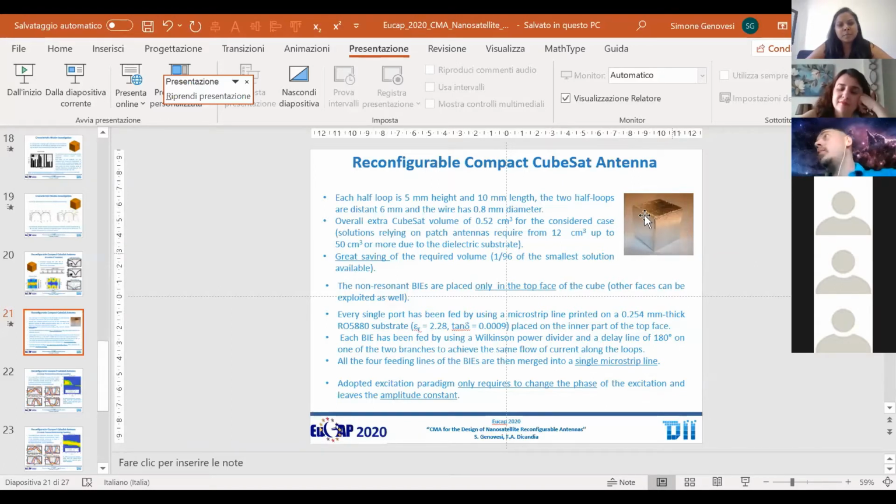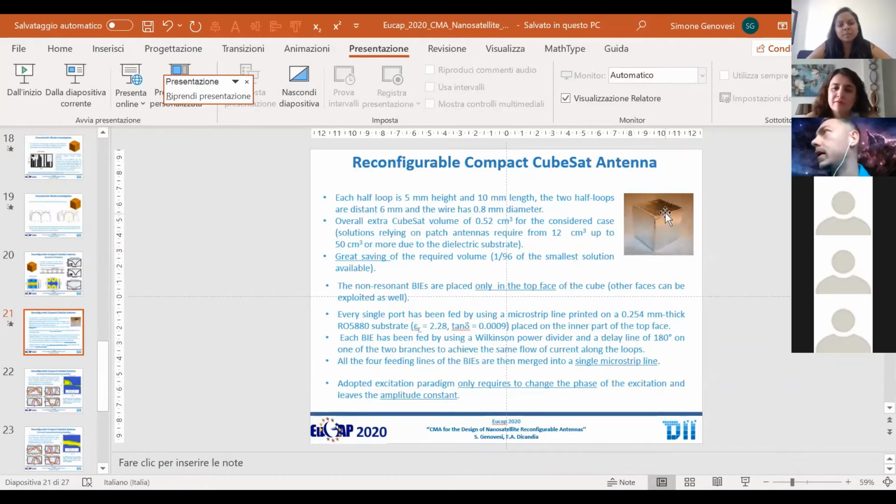There could be electromagnetic compatibility issues, but it is a problem of other solutions too. What I want to stress is that here we are really exploiting a single phase, so what happens on the other phases is not very important for the current distribution or the radiation pattern.